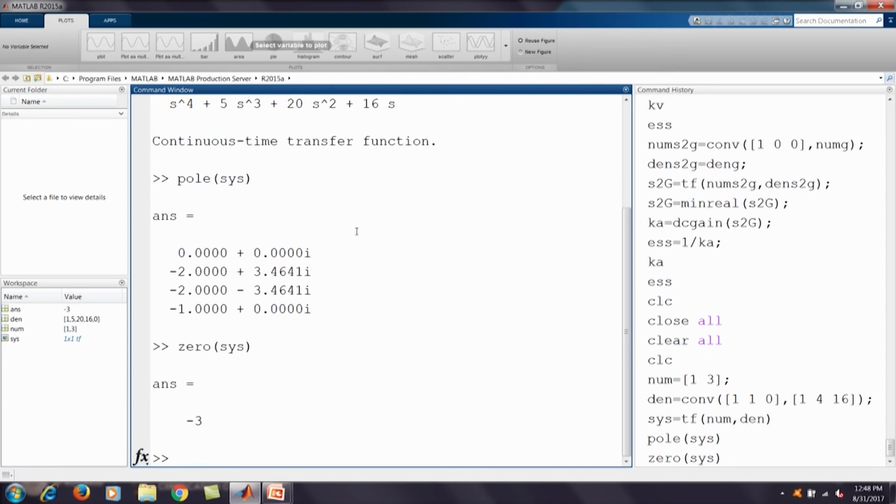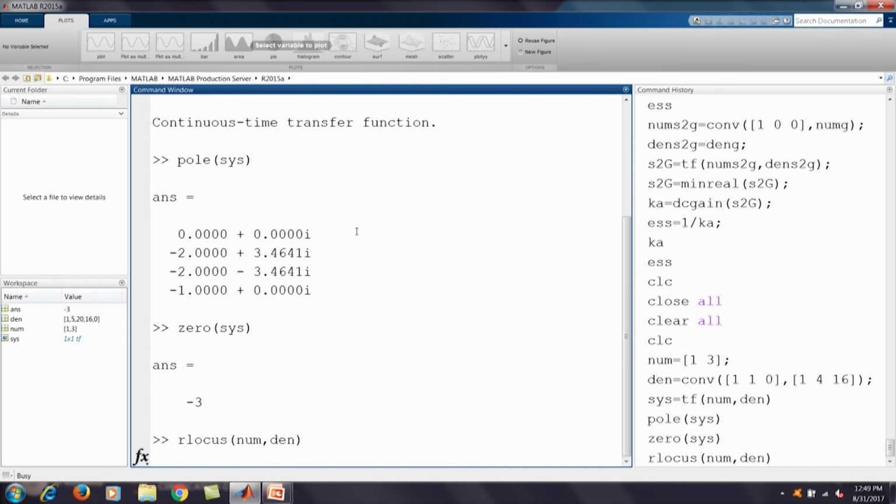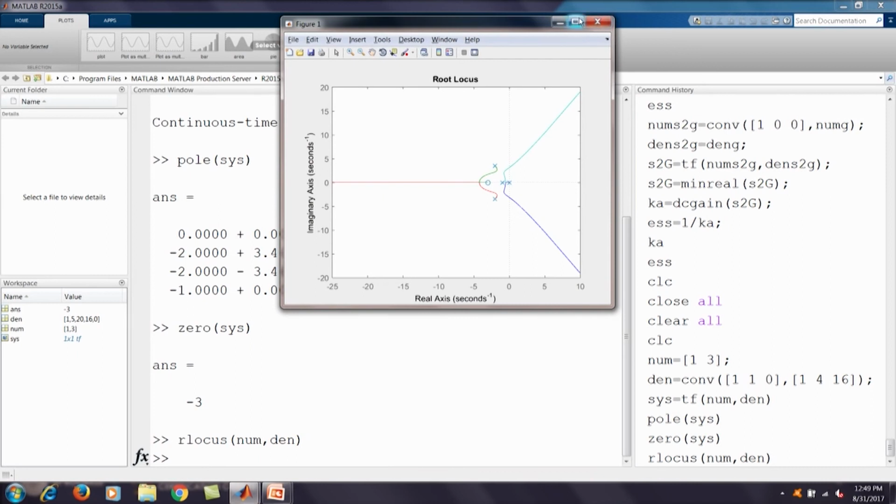Now if we want to plot the root locus, we just use the simple command rlocus(num, den). This simple command will plot the root locus, and we can see it here.